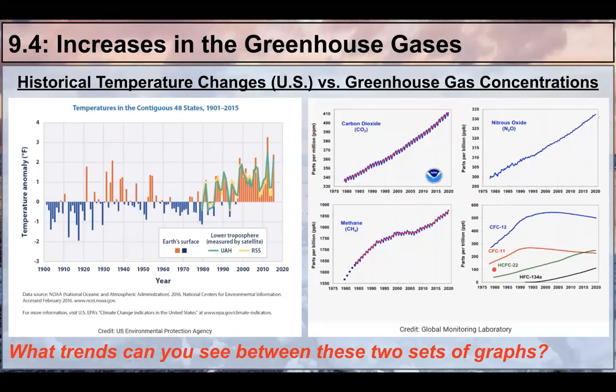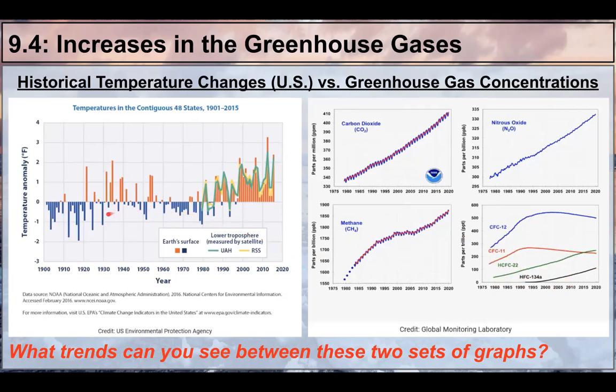And then for the CFCs, they increased quite a bit until about 1990 or so, and then they started to steadily decrease a bit as a result of them just not being produced as much anymore. All right, so what was the reason for that? I want you to think about that based off of what we talked about in 9.1 and 9.2. All right, but the hydrofluorocarbons have been steadily increasing ever since then as well.